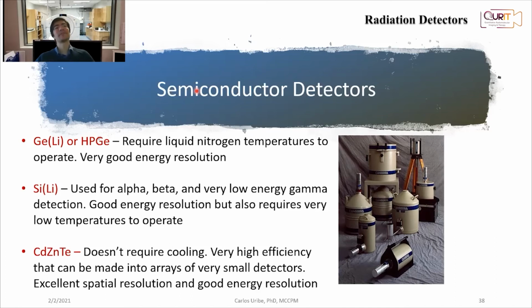Now, when we think about germanium and silicon by themselves, they can end up having some impurities. And when you have impurities in these solid state detectors, these impurities create what is called an electron trap.